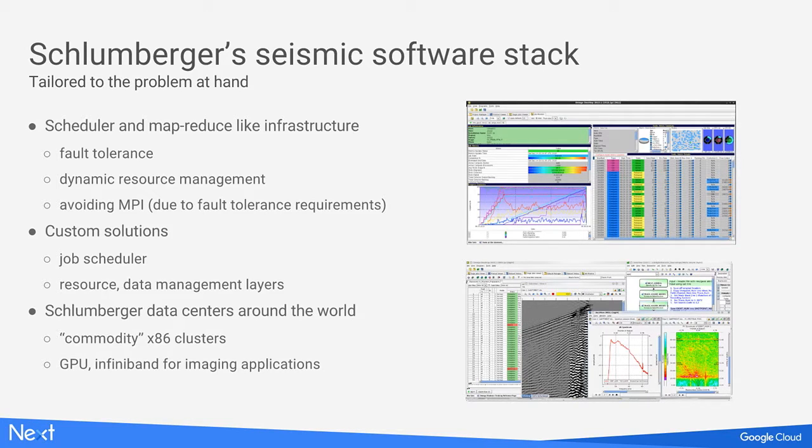So a few years back, we built our own software stack for our own data centers. That stack provides a MapReduce-like infrastructure that introduced sufficient amounts of fault tolerance and dynamic resource management. For doing this, it has its own custom job scheduler and custom resource and data management layers.